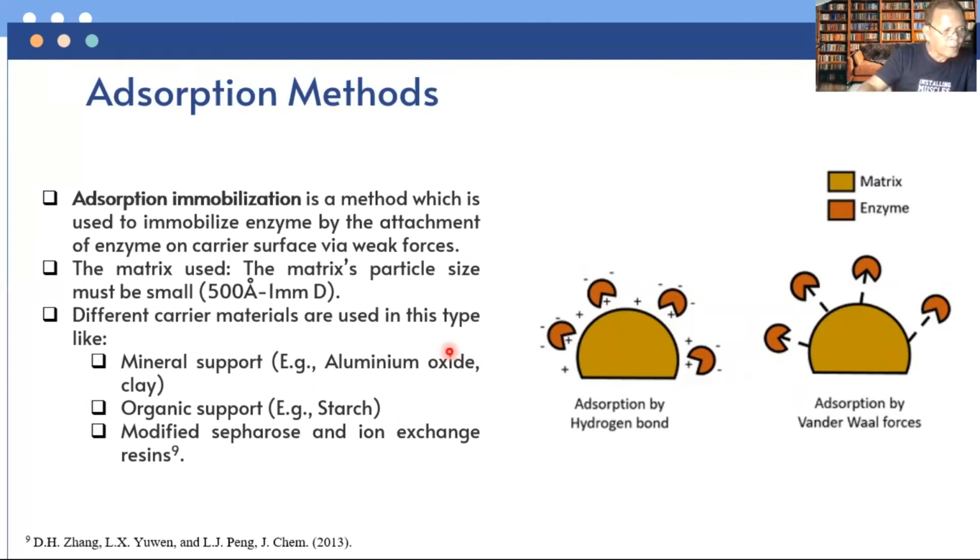The matrix particle size must be smaller than 500 Angstrom. Different carrier materials are used, like mineral support, for example alumina oxide, clay; organic support, for example starch; and modified Sepharose and ion exchange resin.